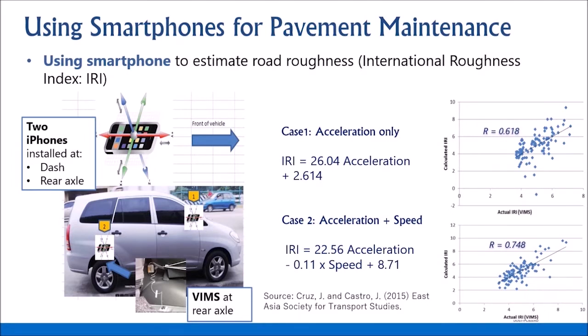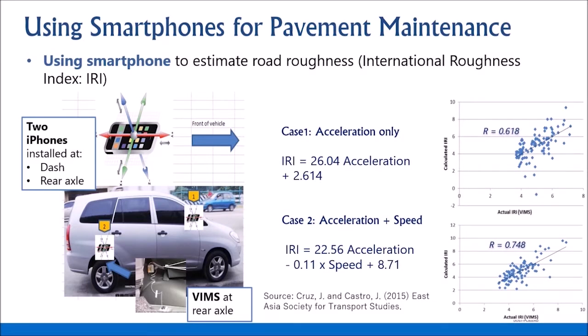In here, this is a study by one of my students, and what we did was to use two cell phones or two iPhones installed at the front, the dash, and the rear axle, and we also installed a VIMS system, which is a well-established equipment developed in Japan, which measures road roughness so that we can compare the results later.